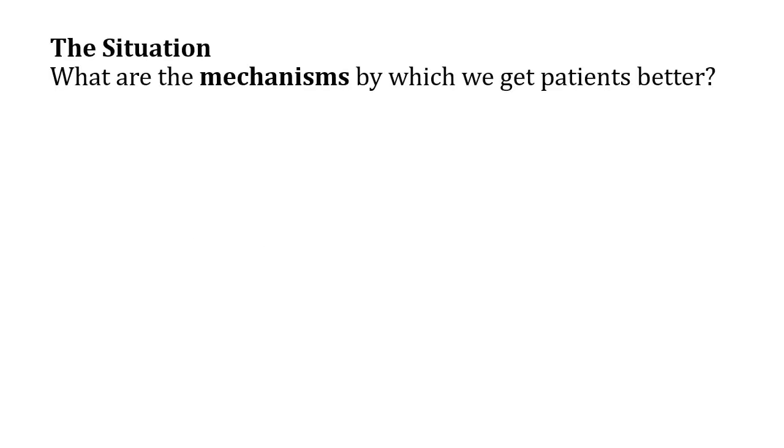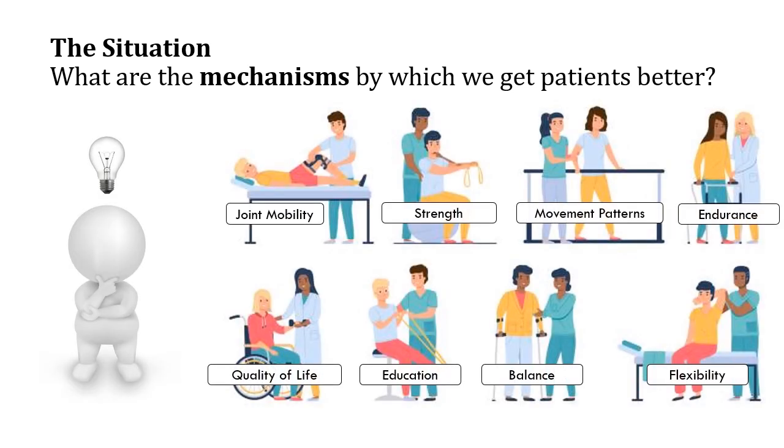All right, thinking critically about the current situation, that is, what is rehabilitation and what are the mechanisms by which we get people better? Grossly, we can think of this as joint mobilization, strengthening, movement patterns, muscle endurance, improving people's quality of life, providing education, working on people's balance and their overall flexibility perhaps.